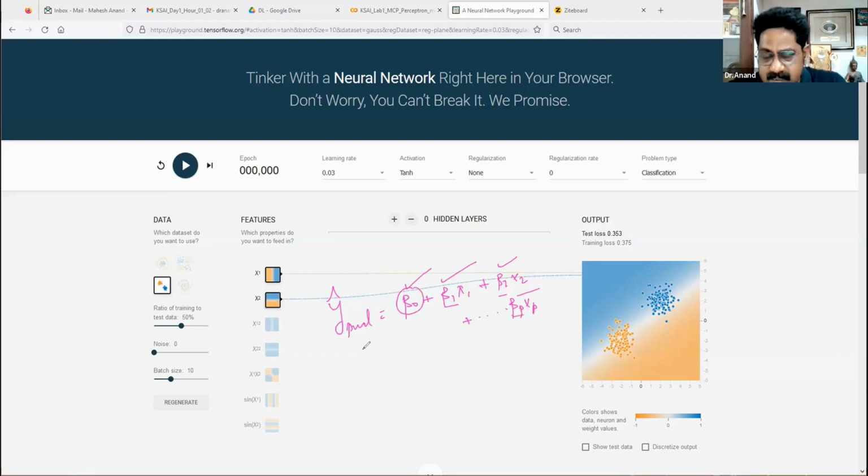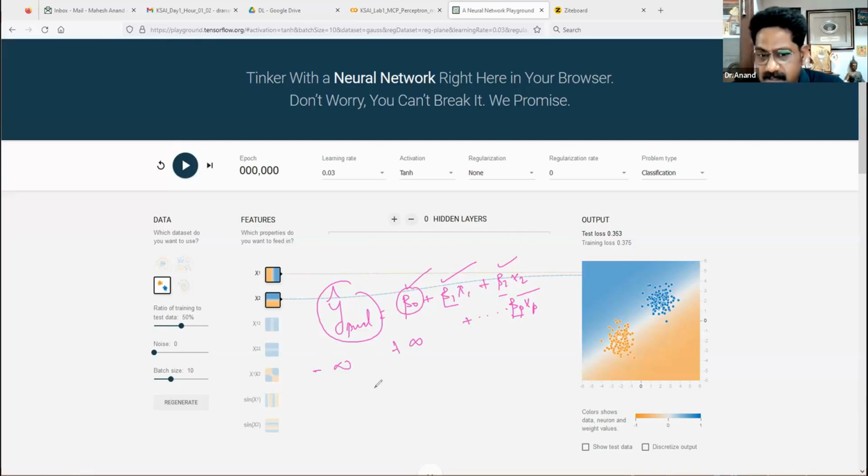When you extend this idea to the logistic regressor, what happens? I don't want this continuous output, because this equation gives me a continuous numerical value which spans from minus infinity to plus infinity, depending on the values you substitute.